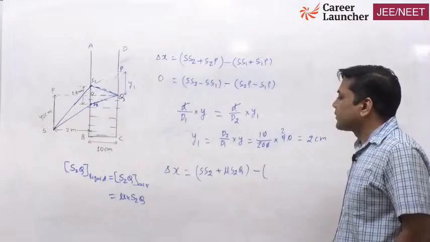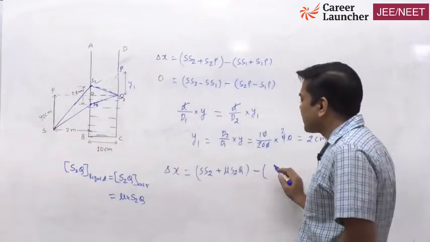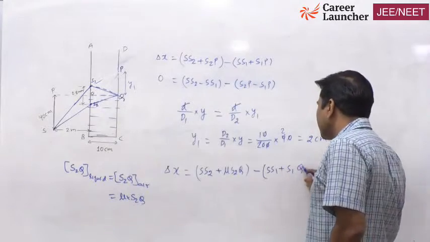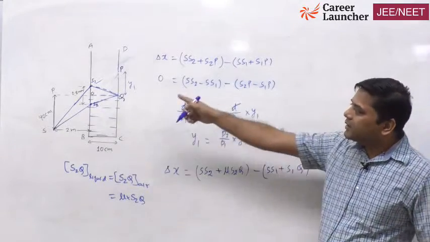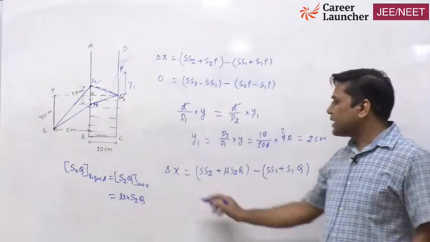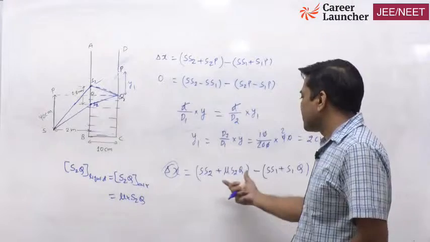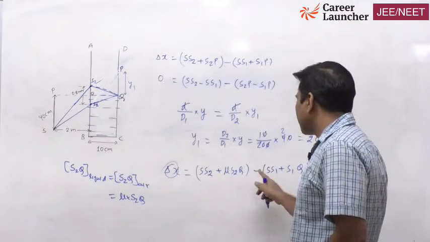So what is S2P over here? SS1, which is in air, plus S1Q. Here no need for correction. Why? Because both are in air. You can have a look at the diagram in this case. Again I'll take this as 0 and this equal to this. So we got the value of SS2 equal to this.